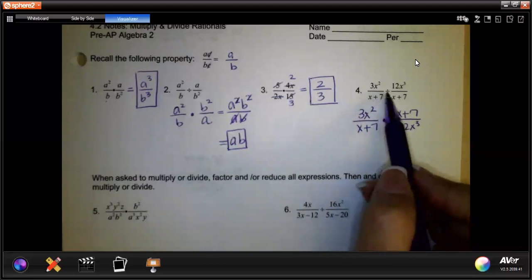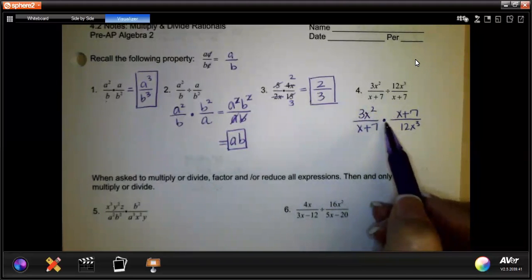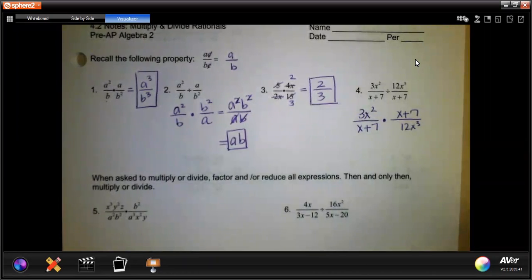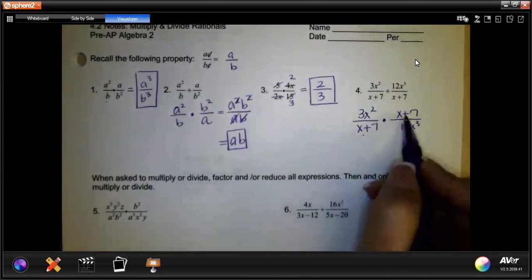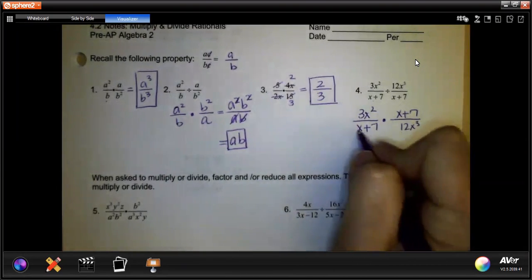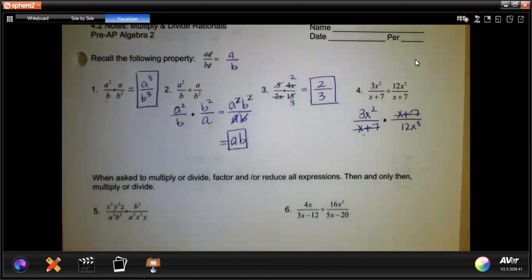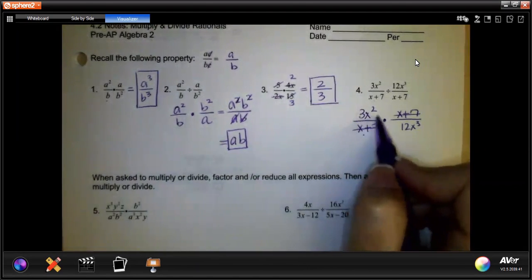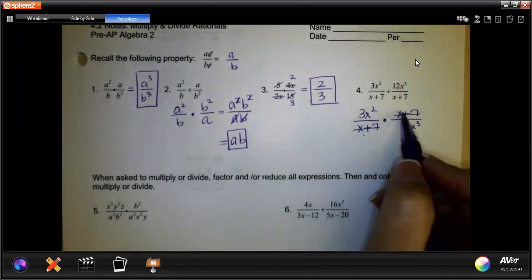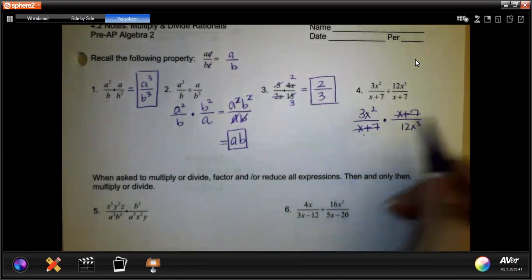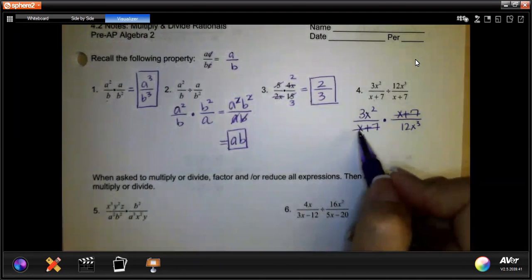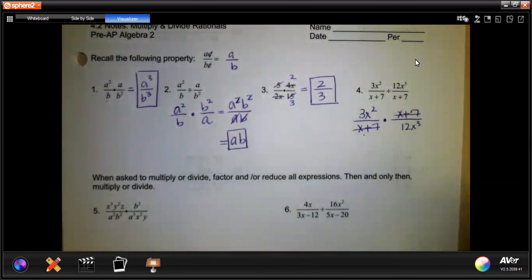You keep the first one, change division to multiplication, and then flip the second one. So now we've got an x plus 7 in the denominator and the numerator, so that cancels out. That makes it a lot easier than multiplying 3x squared times x plus 7 and multiplying this one and this one to reduce afterwards. So this is where you definitely want to reduce as early as possible.